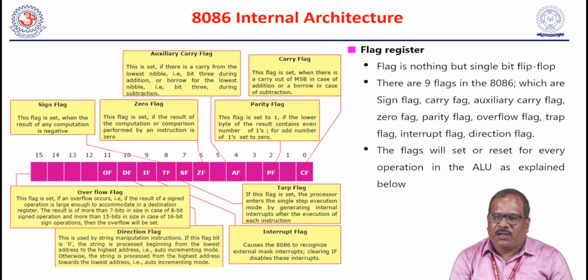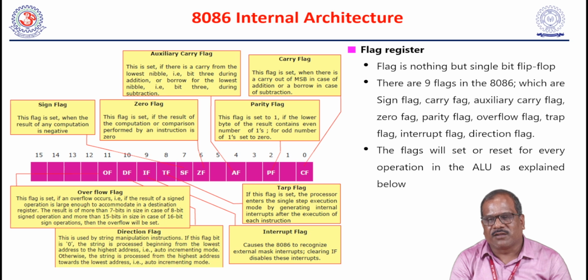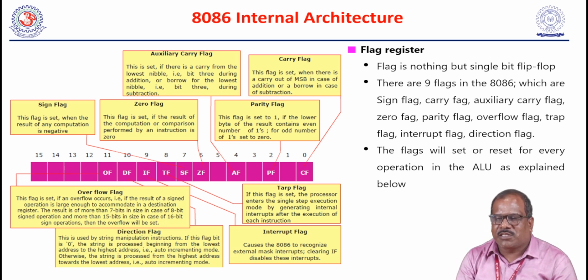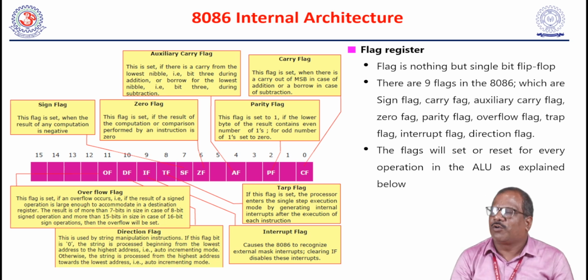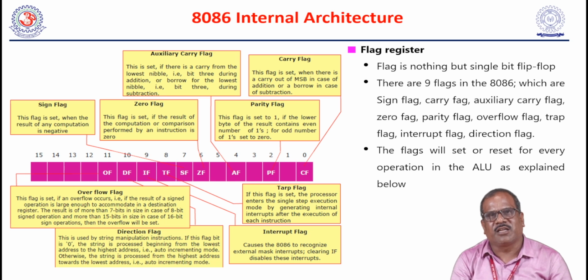Then the conditional flags, we have 4: trap flag, interrupt flag, direction flag, and overflow flag. The trap flag is set when the processor enters single step execution. Processor execution can be single step or multiple step. When we are using the microprocessor in single step execution, the trap flag must be set, otherwise it is reset.